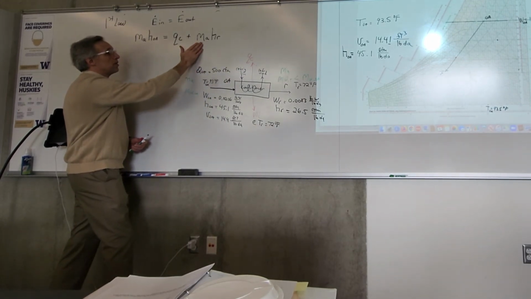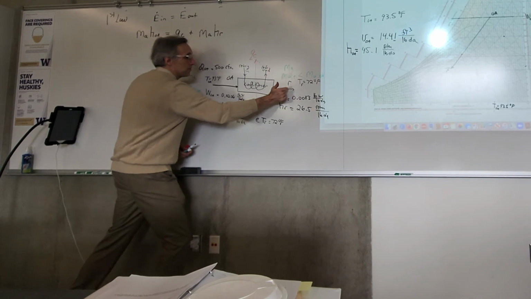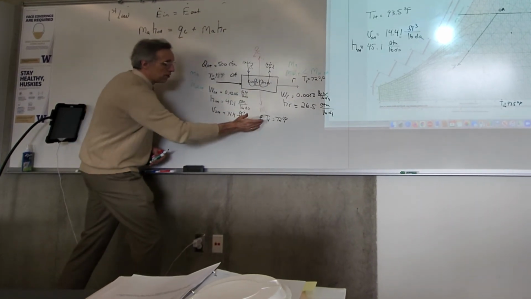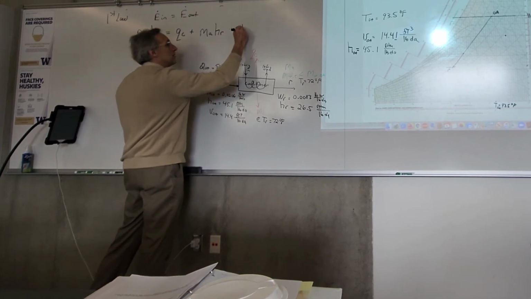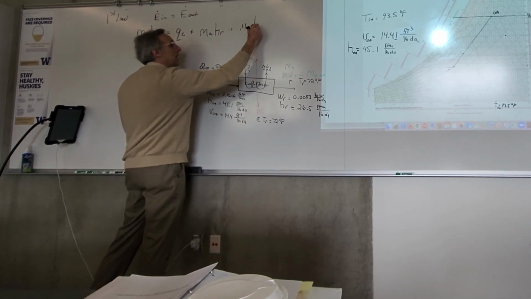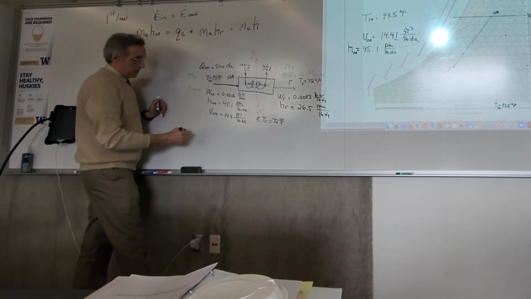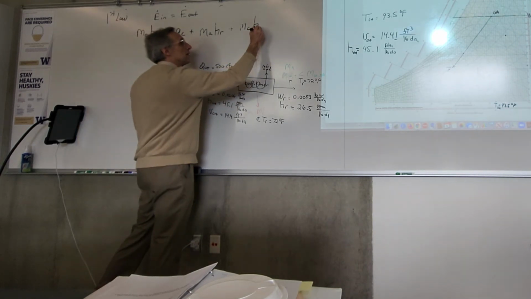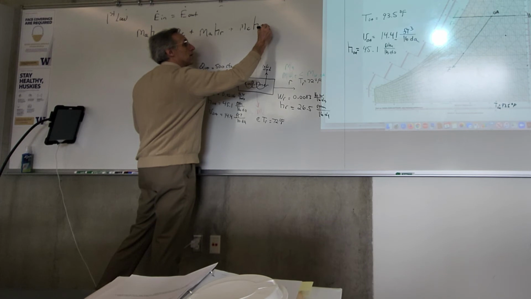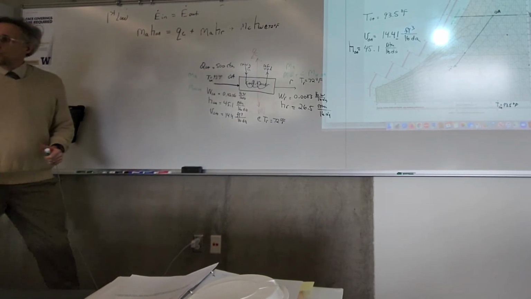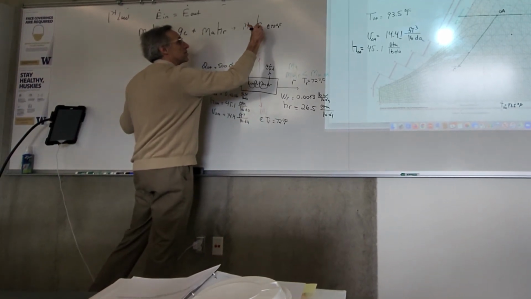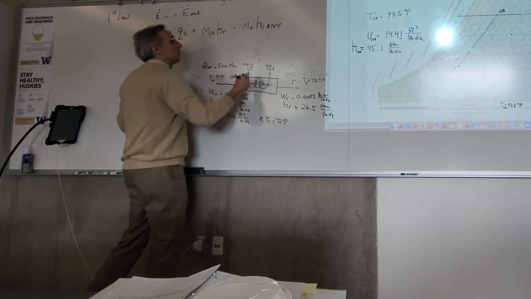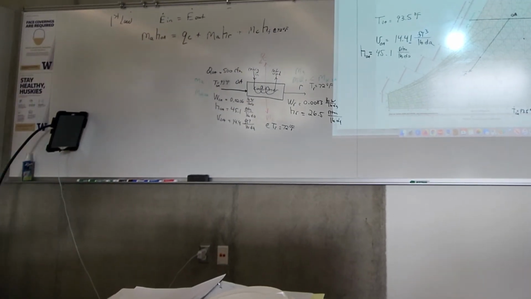We've got the energy being carried away by the exit air, and we've got energy being carried away by the water. So you've got to factor in the water flow that's leaving, and then the enthalpy of that water at 72 degrees F. Well, it could just be h_f because it's liquid. So that's our energy balance for our air conditioning.